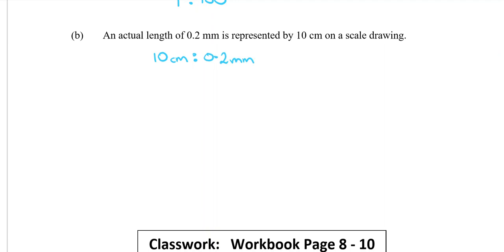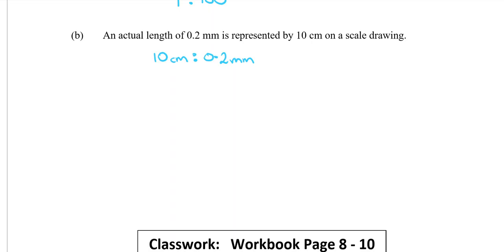So this is an example of when we're actually making something bigger. The real measurement is something very, very tiny. Maybe we're measuring an ant here. That's 0.2 of a millimeter. Maybe it's even smaller than an ant. And then we're making a drawing of it much, much bigger. It's 10 centimeters for the drawing that we're going to do of it.